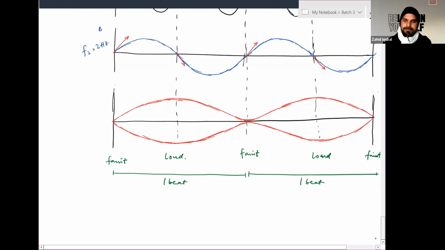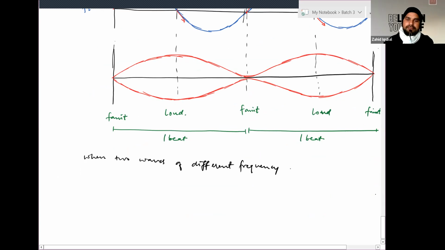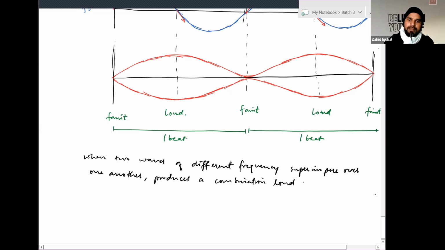So we may define a beat as: when two waves of different frequency superimpose over one another, they produce a combination of loud and faint sound.